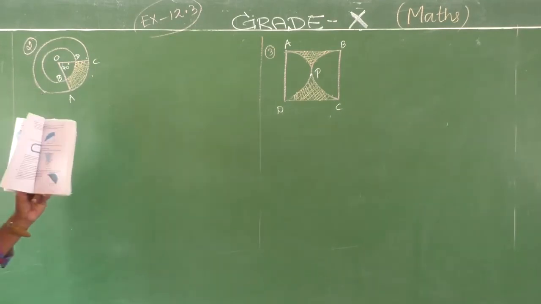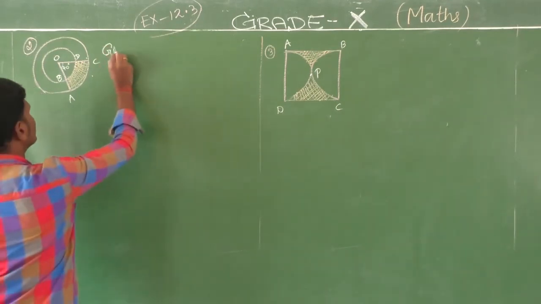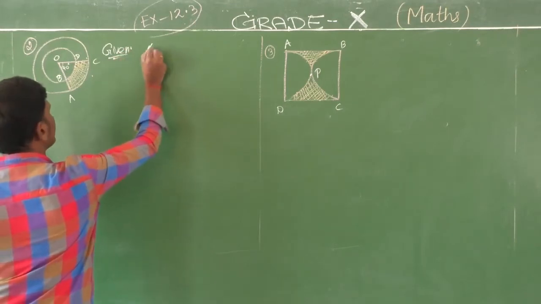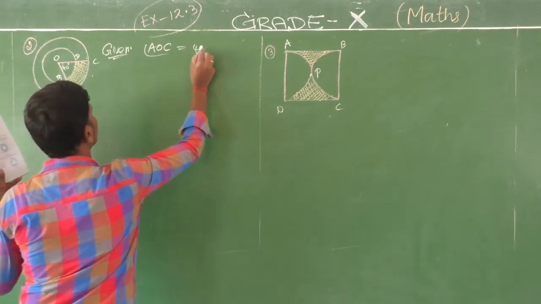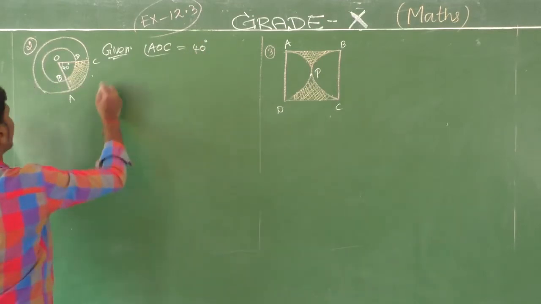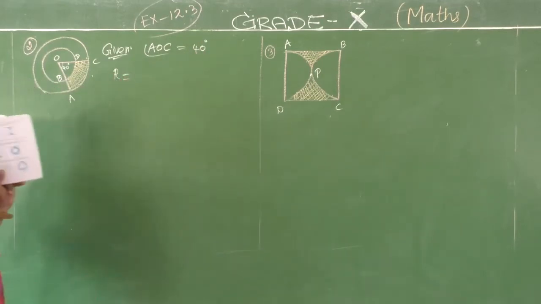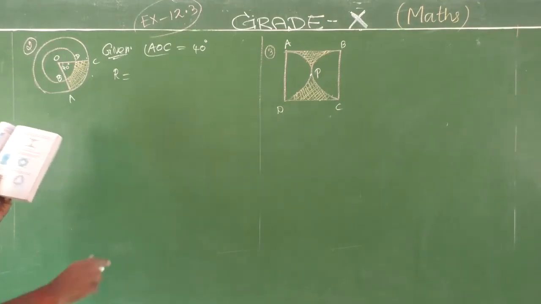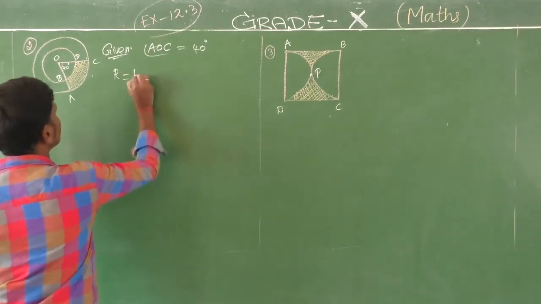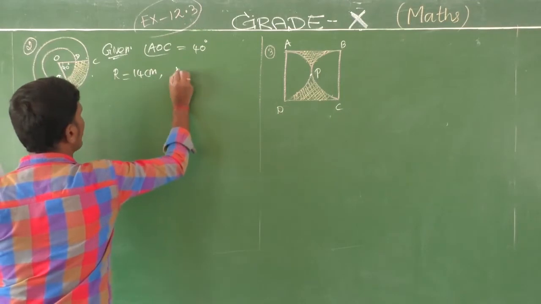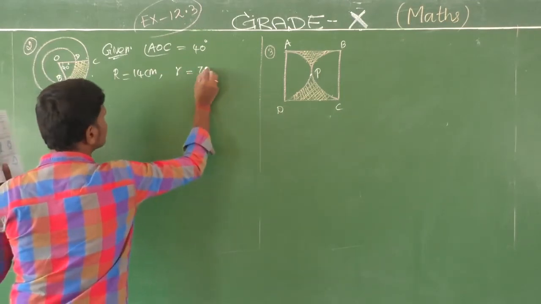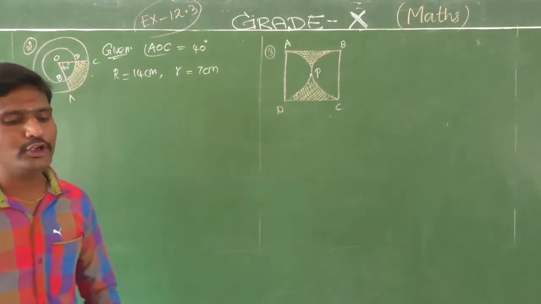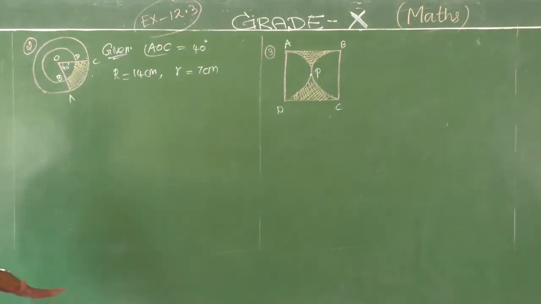And one more angle is given, that is angle AOC, which is equal to 40 degrees. The biggest sector radius I am going to mention by capital R, that is 14 centimeter, and the smallest sector radius is small r, that is 7 centimeter. Now we are going to find the area of the shaded region in the two concentric circles.